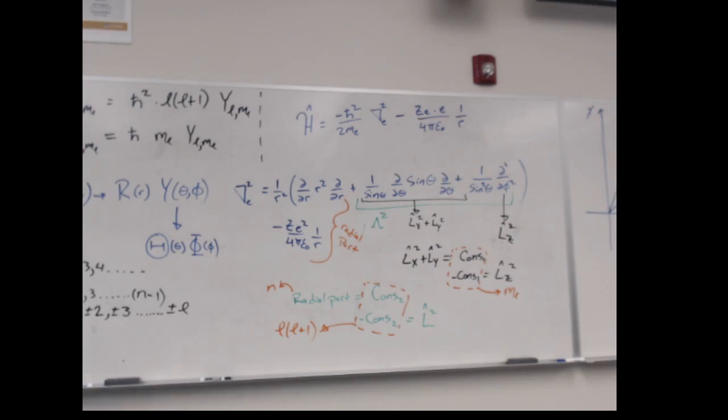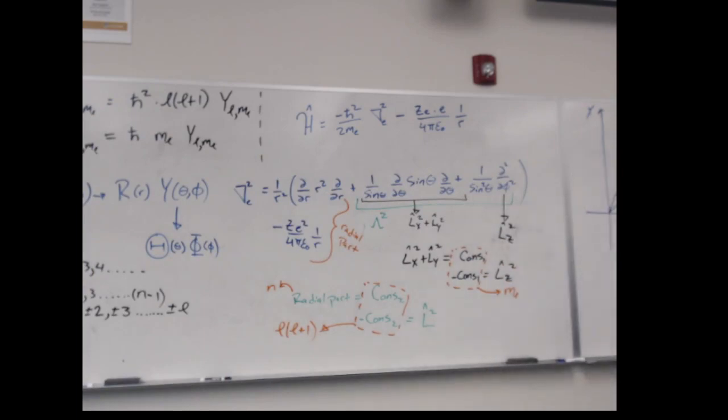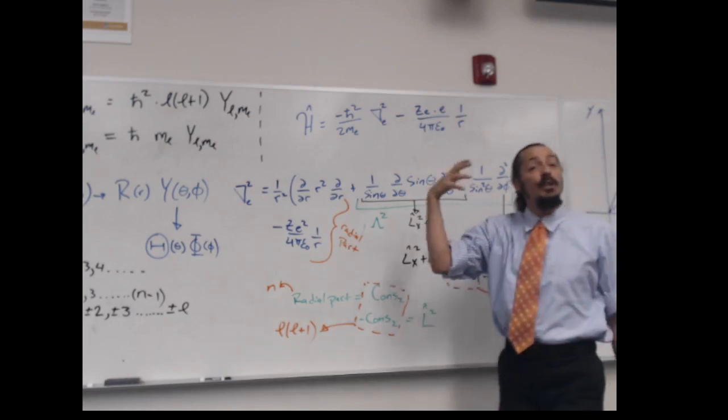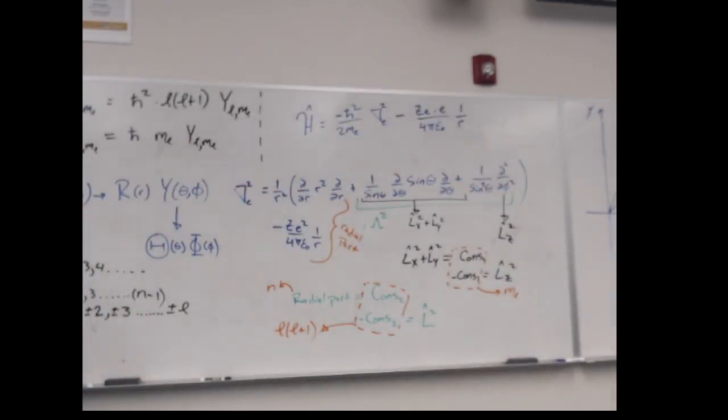We saw when we did the particle in a ring, m sub L had no restrictions, right? M sub L could be from 0 all the way up to plus or minus infinity. When we were doing the particle in a ring, we only had the phi part. There was no restriction. When we did the rigid rotor, the particle on a sphere last time, we ended up with this restriction.